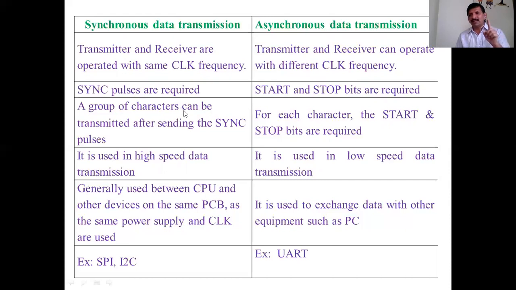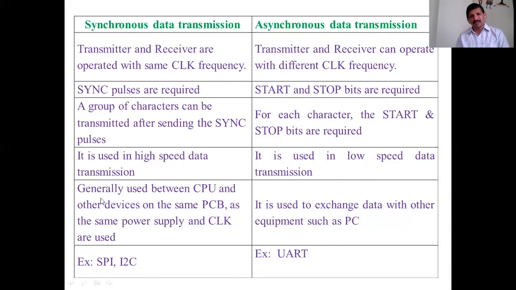Here, once synchronized, we transmit bulk data, so a group of characters can be transmitted after sending the sync pulses. Here, for each character, the start and stop bits are required. Synchronous is used in high speed transmission because there is no need to send start and stop bits again. Asynchronous is used in low speed transmission.